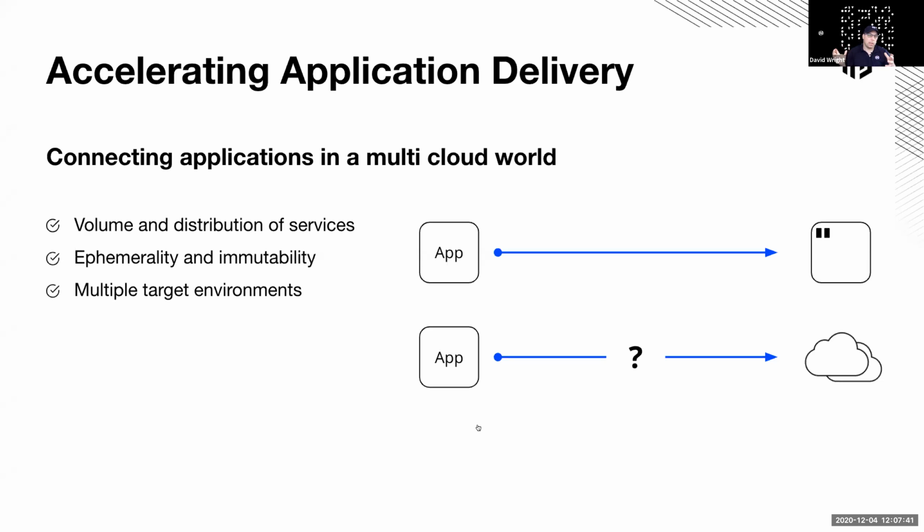A great example of this is where the battle for the banks used to be how many shop fronts they had in the high street, how many banks they could actually service customers in. Now that digital battleground is very much around who has the best app on their phone. So applications are now really starting to drive what the requirements are for infrastructure and how infrastructure needs to be tied together.